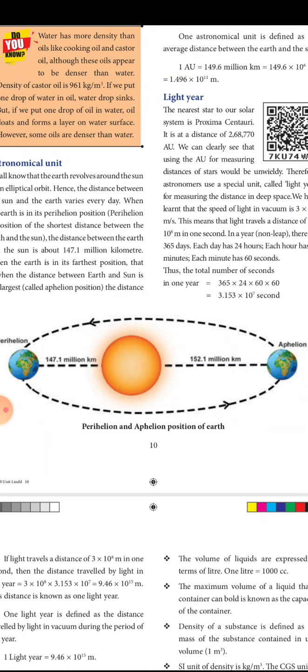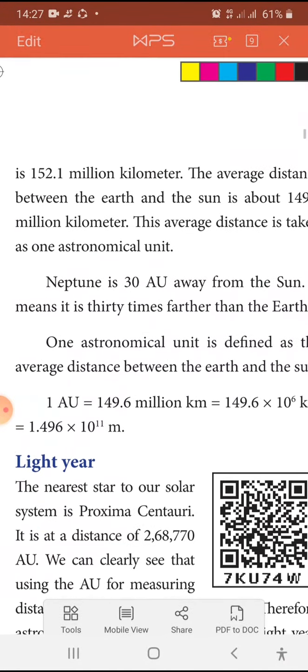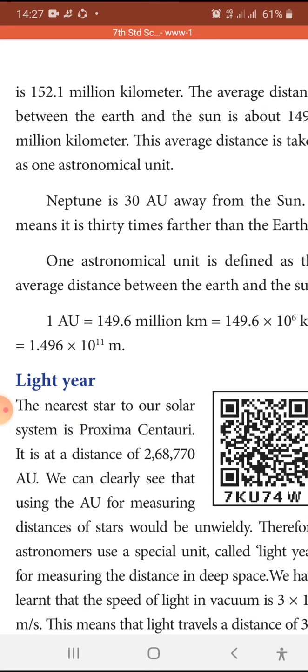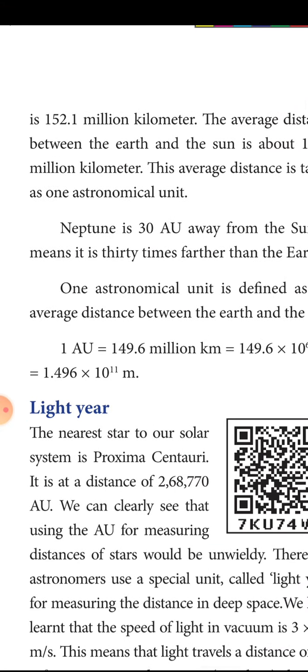The longest distance is 152.1. So the average distance between the sun and the earth is 149.6 million kilometer. This is called one astronomical unit.